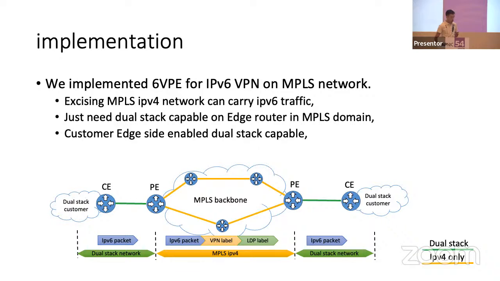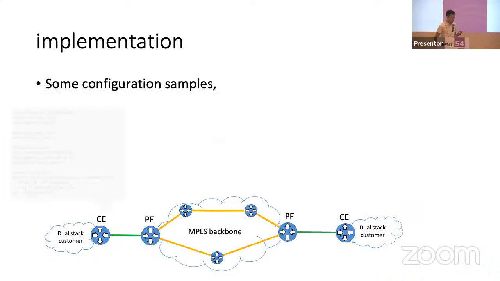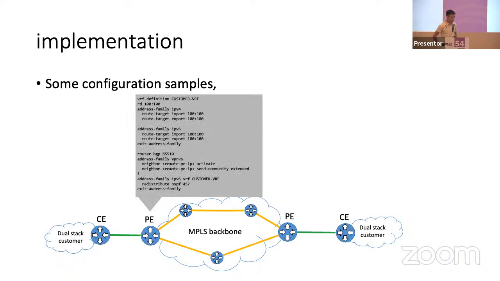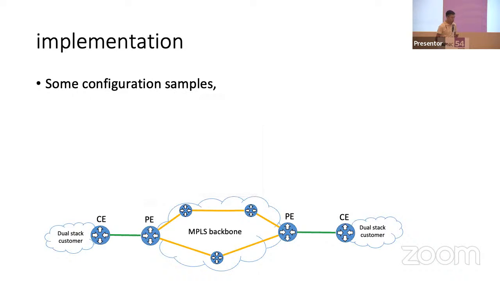The customer edge router also enabled dual stack capability. Here's the configuration sample for the customer edge router, and this one is for the provider edge router and MPLS edge router.